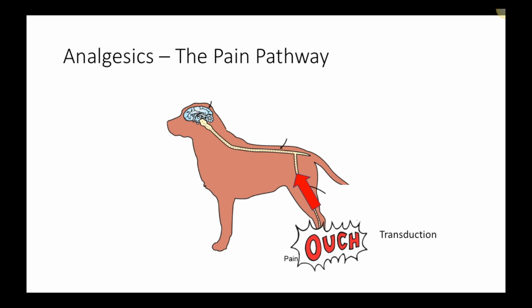Step two happens up in the peripheral nerve bundles. This is conduction of pain impulses from peripheral nerve bundles to the spinal cord, and that is called transmission. So it's transmitting the signals from the area of pain and heading up toward the spinal cord. The third step is transmission of the sensory depolarization wave, so that wave of pain, essentially.